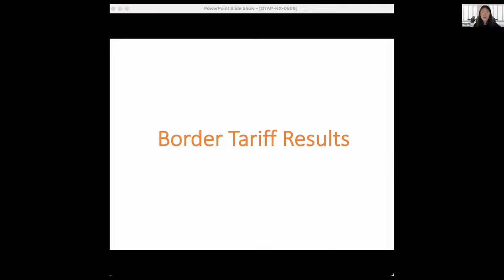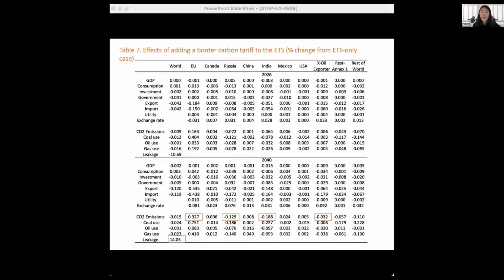So let's quickly show you some results of the CBAM. We consider the difference between this case and the ETS-only case. There is only a trivial difference in GDP in 2026, and even by 2040.